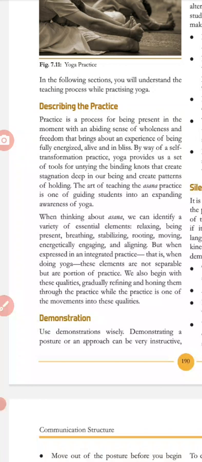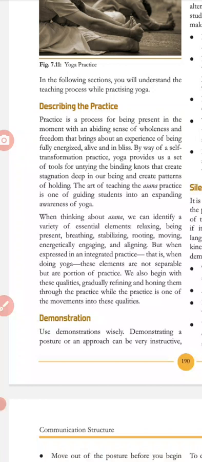But when expressed in an integrated practice, that is, when doing yoga, these elements are not separable but are portions of practice. We also begin with these qualities, gradually refining and honing them through the practice. So what we understand from this is that we have to always describe them.